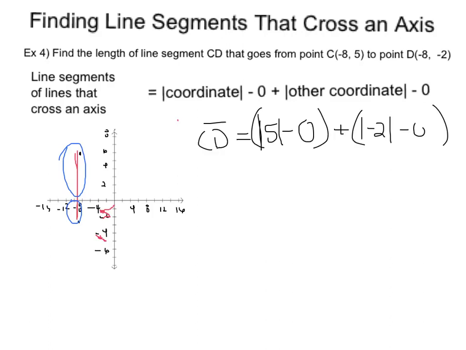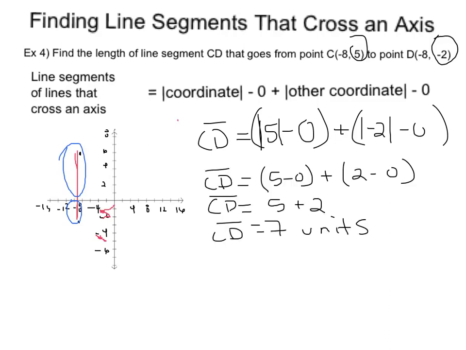I'm just going to take the absolute value of one of my y values and subtract 0, and add to that the absolute value of my other y value and subtract 0 also. So the line segment CD is going to be 7 units. Above the axis is 5 units, and below the axis is an additional 2 units, for a total of 7 units.